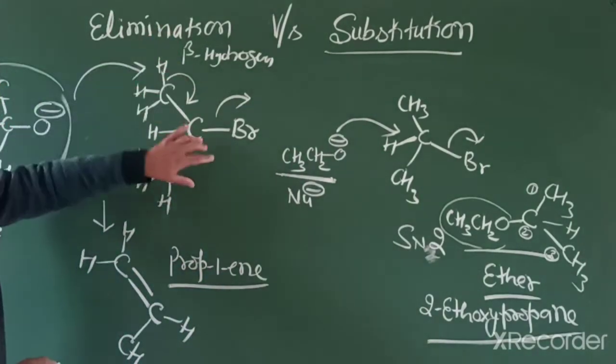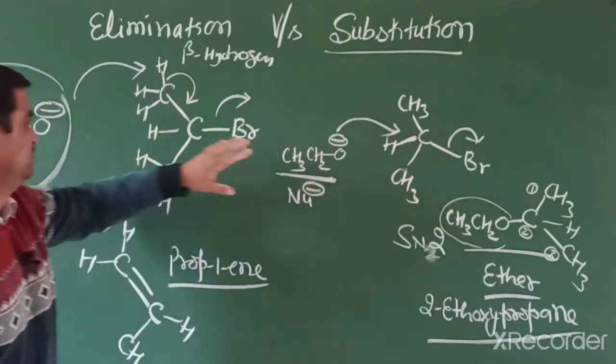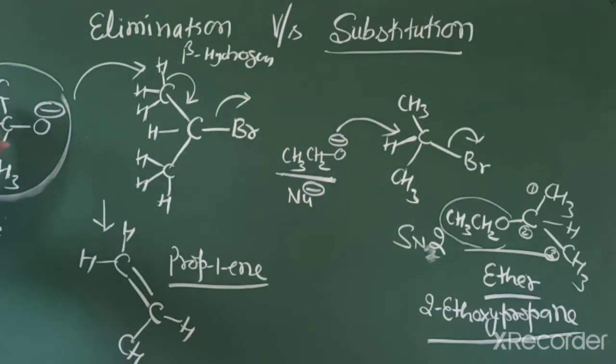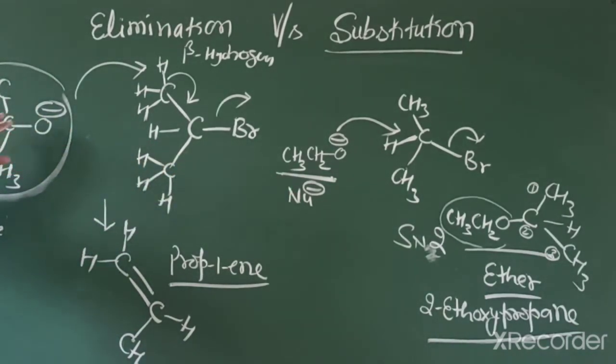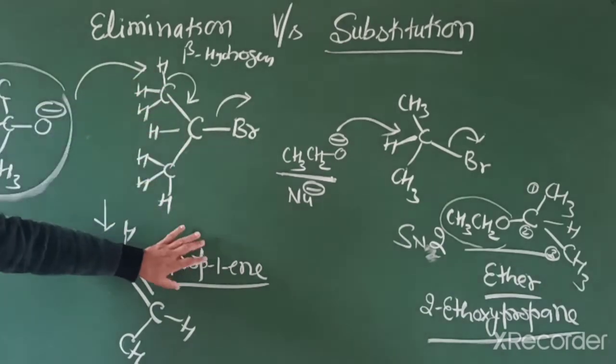Friends, we observe 2-bromopropane here, and this is also 2-bromopropane, with two different nucleophiles, one tertiary butyl oxide, the other ethoxide. This tertiary butyl oxide acts as a base, so it abstracts a nearby proton and we get propene as the major product.